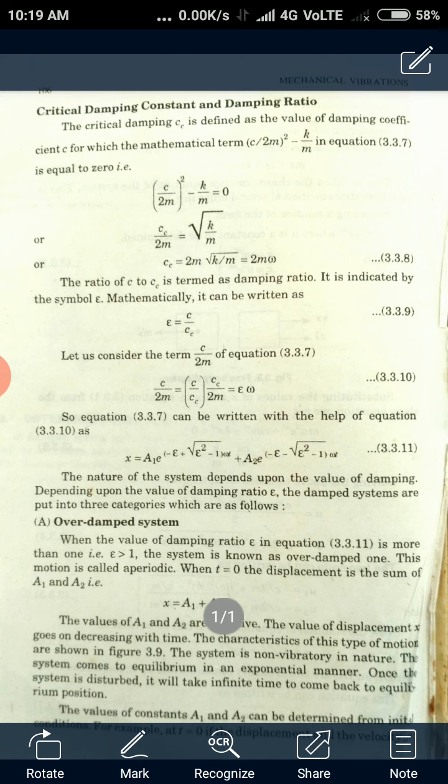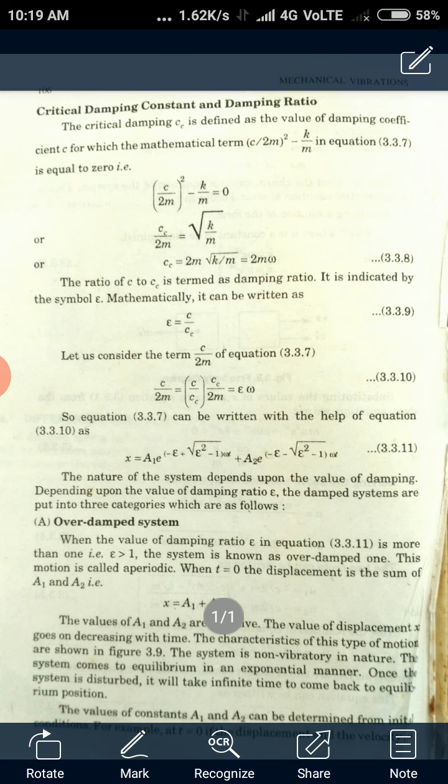We'll take the first one, the critical damping constant. How do you define this? The critical damping notation is Cc. Understand here, c is the damping coefficient and Cc is the critical damping coefficient.